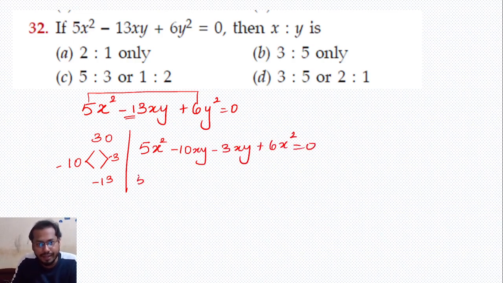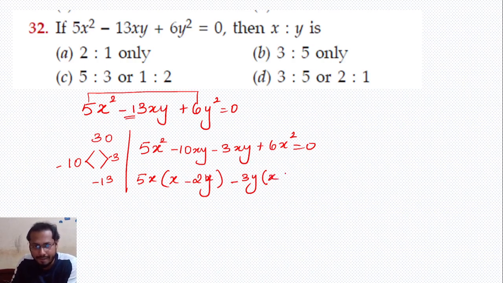Let's take 5x out. Now x minus 2y, x has gone out, right? Okay, 2y. On the other side, I took minus 3y out, so if we take 3y out, then x minus 2y comes?